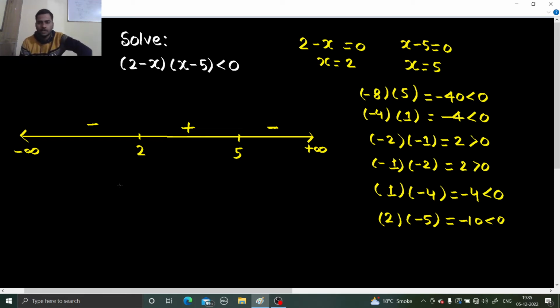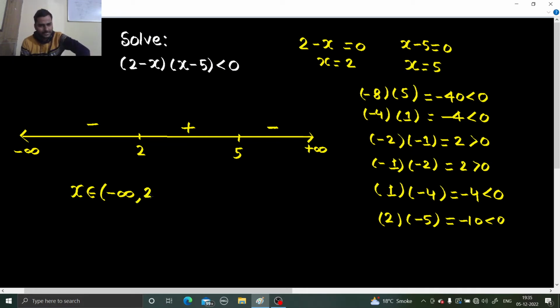Okay. So now when we have got this, they are asking us to give the values for less than 0. As I have told you, for less than 0, your possible values of x will be the first region, which is minus infinity to 2. My infinity side is always an open bracket, and the 2 side will also be an open bracket this time because equality is not there.